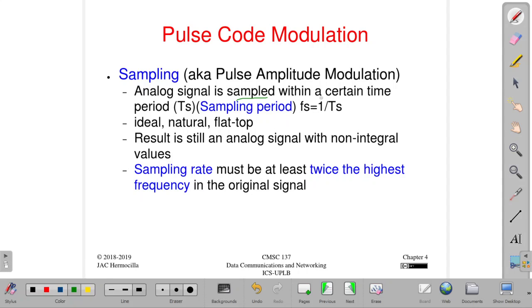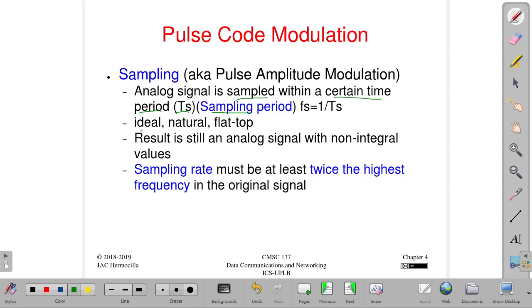So it's detected within a certain time period, T sub s, called the sampling period. So recall our discussion about period and frequencies. So in sampling, the analog signal is detected or interpreted at given intervals called sampling period.